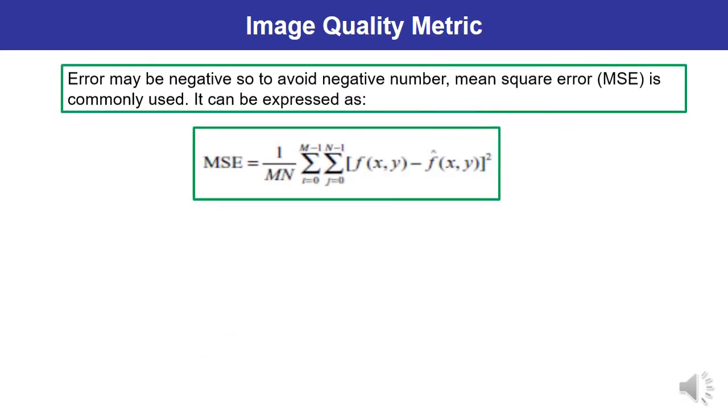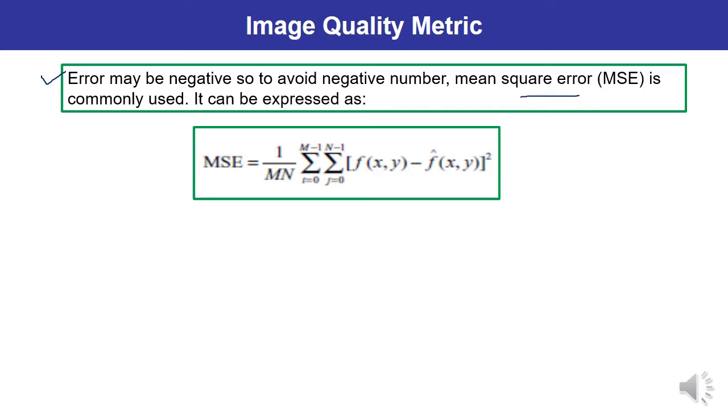Errors may be negative. If you subtract one number from another, we may get a negative number as well. So to avoid negative numbers in image processing operations, the type of error commonly used is mean square error, MSE.